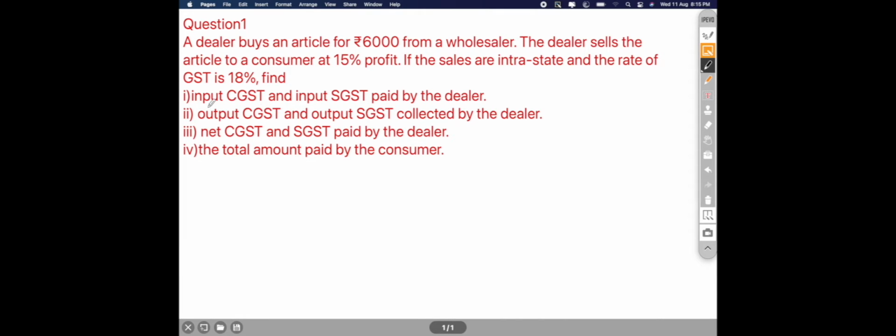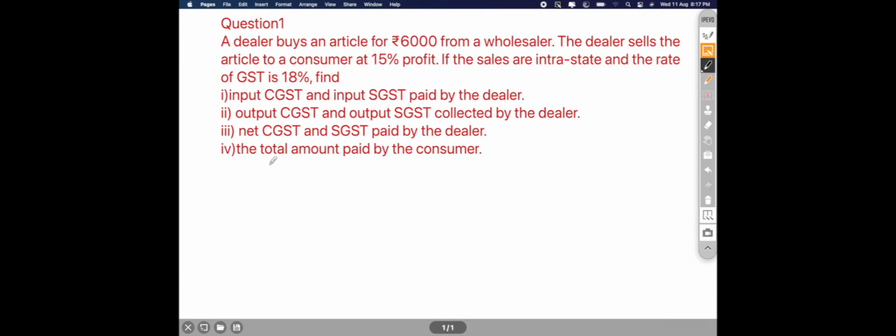So in the first case, we have to calculate the input CGST and SGST paid by the dealer. Here the rate of GST is 18%, right? So central government will get 9% of it.